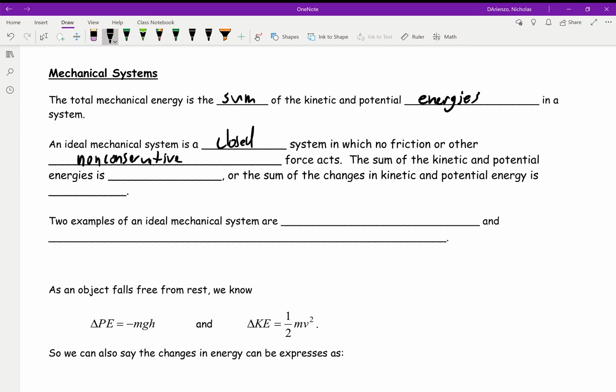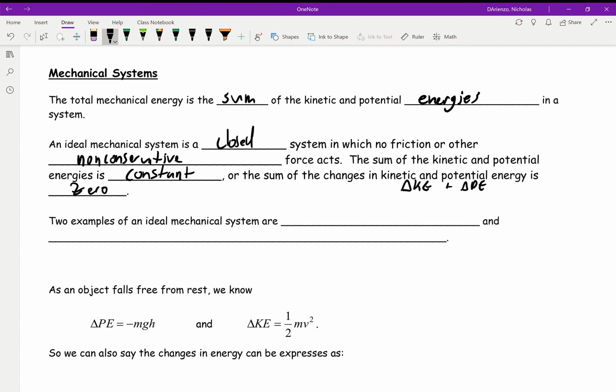The sum of the kinetic and potential energies is constant, or the sum of the changes in kinetic and potential energy is zero. So the net overall change would be zero.